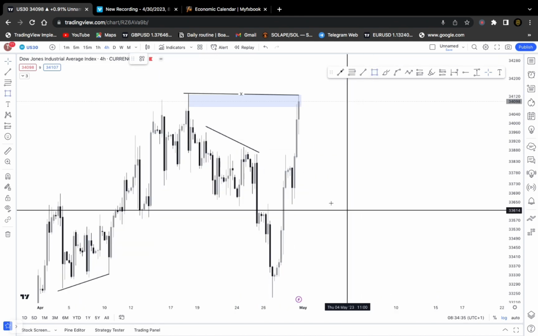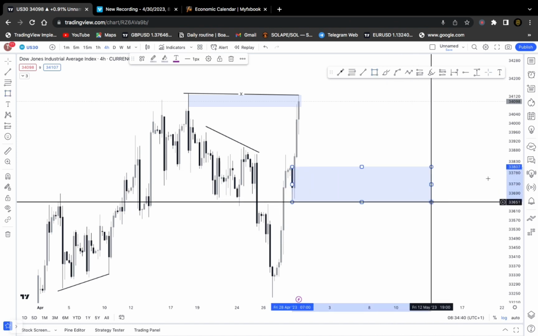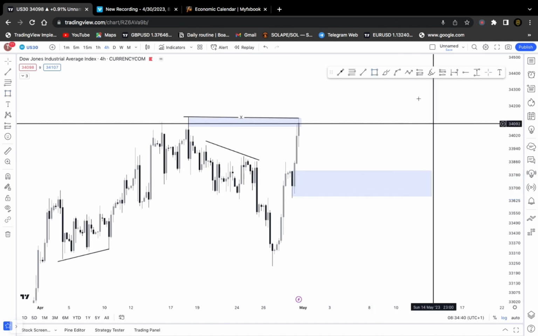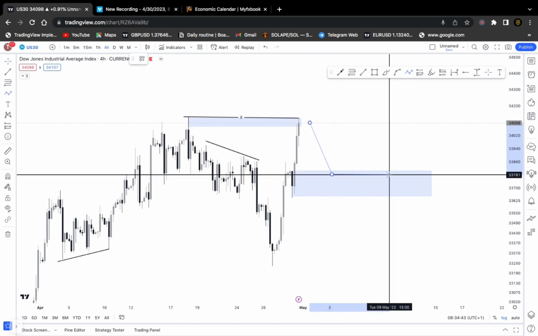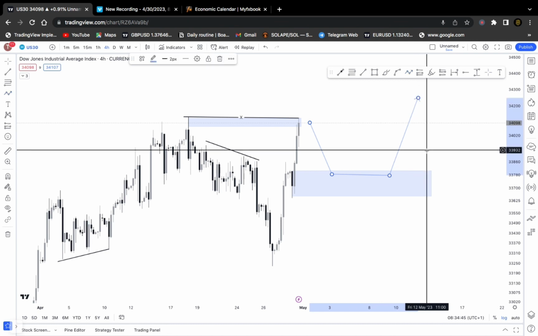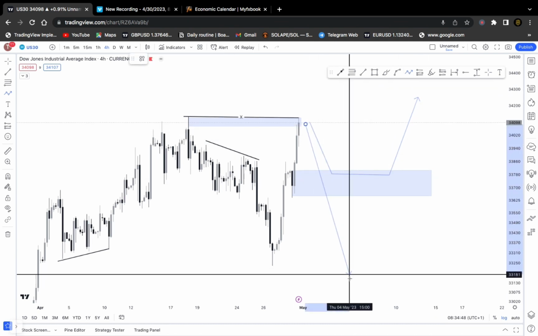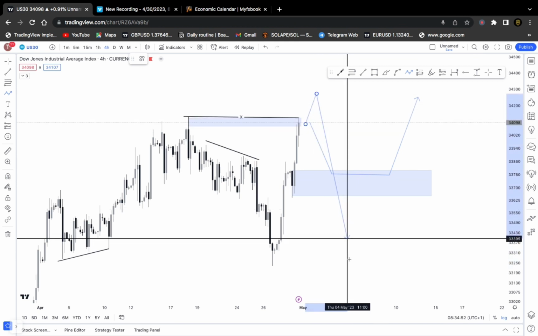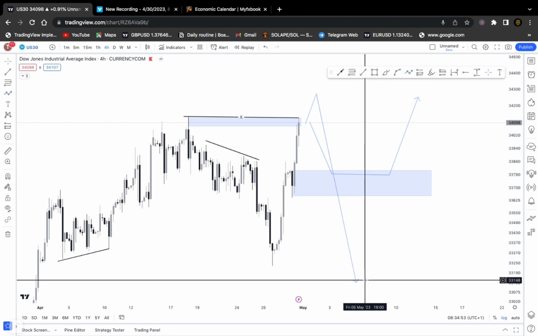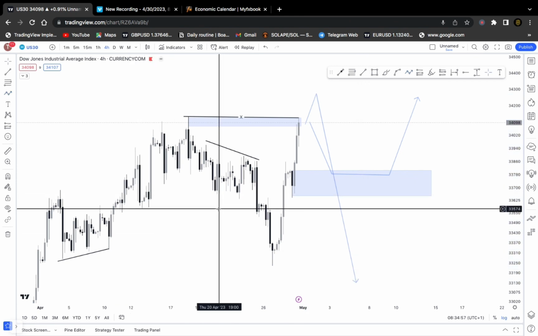The buy side scenario for this chart is the market should come to this demand zone and continue its push to the upside. And there's also a high probability for the market to react to that supply zone at that point and take cash flows to the downside, or sweep the liquidity at that level there and continue going to the downside, which is kind of the higher probability I would love the market to do on US30.